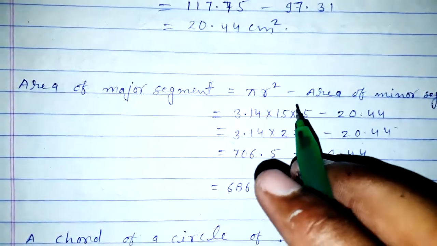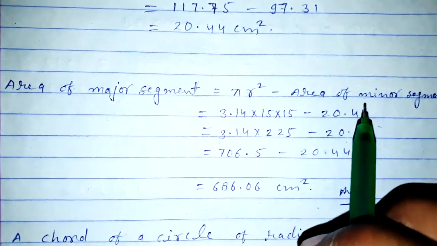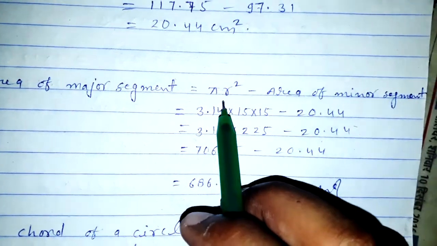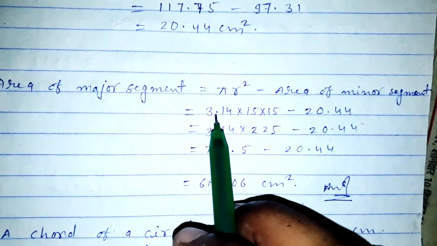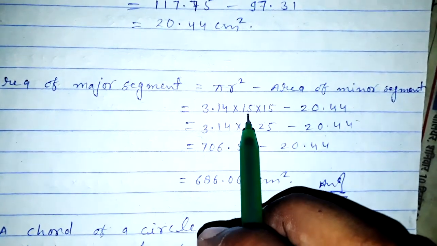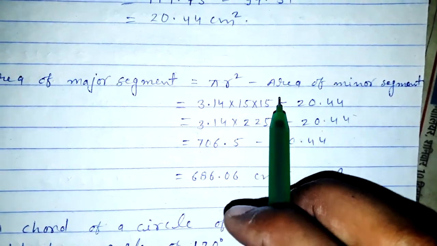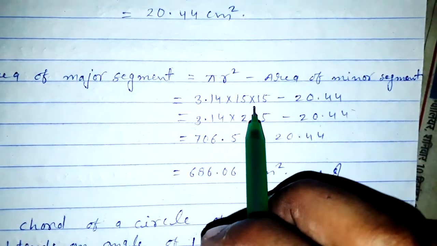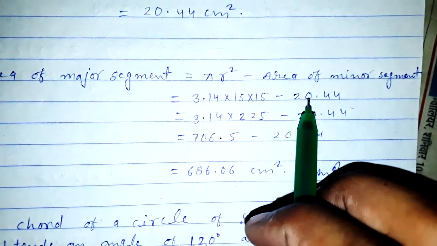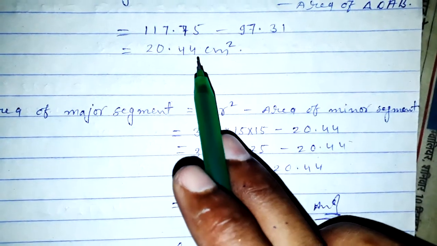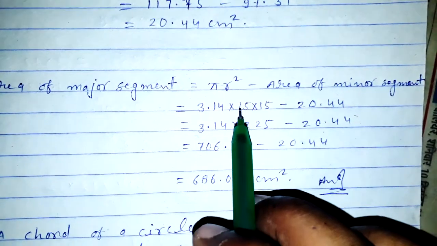Area of major segment is also pi r square minus area of minor segment. So pi is 3.14 into radius 15 into 15. This value is 20.44 centimeter square.